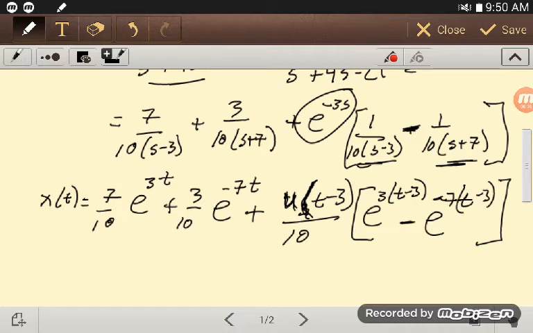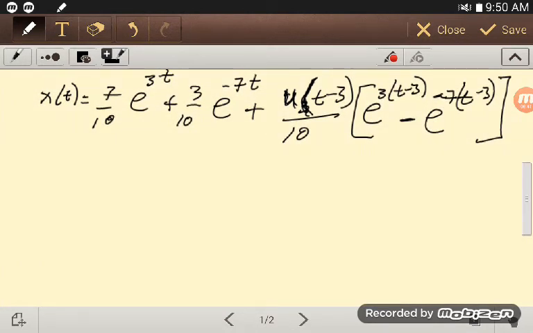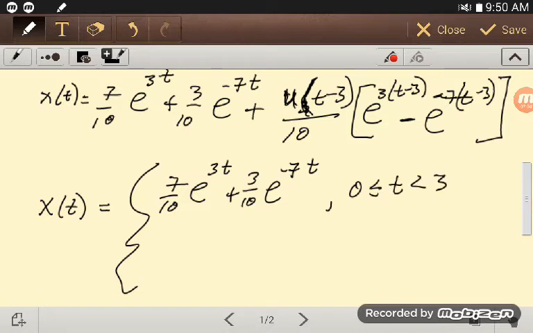We have that Heaviside function, and so another way to read this is simply that this is a piecewise function. So we have x of t is equal to 7 over 10 e to the 3t plus 3 over 10 e to the negative 7t for 0 less than or equal to t less than 3.